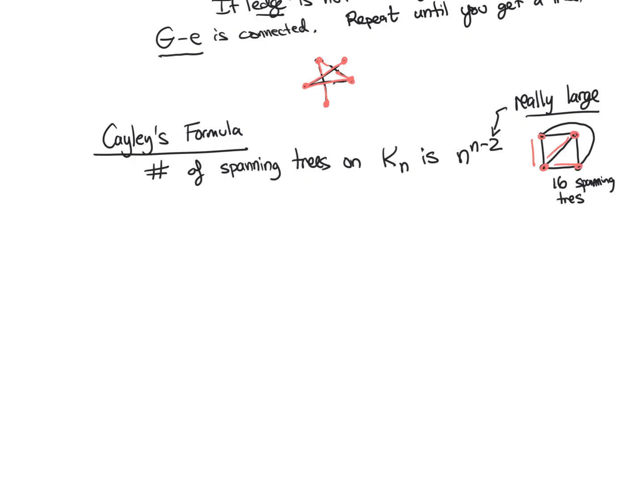I should point out here that the formula is only nice if the labels matter. So for example, this spanning tree, where I say 1, 2, 3, 4, I'm counting this as different from 1, 2, 3, 4 in another arrangement, even though as graphs these are both the same graph, right?